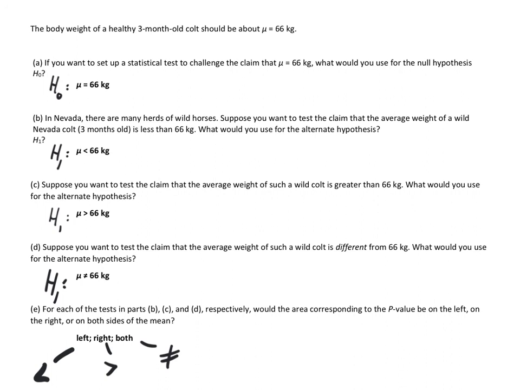Less than is left-tailed, greater than is right-tailed, and indifferent or just different, not equal to, where you don't commit to one way or the other, that is a two-tailed test. And then in the next few videos, we're going to look at actually conducting some statistical tests using SALT and the graphing calculators.